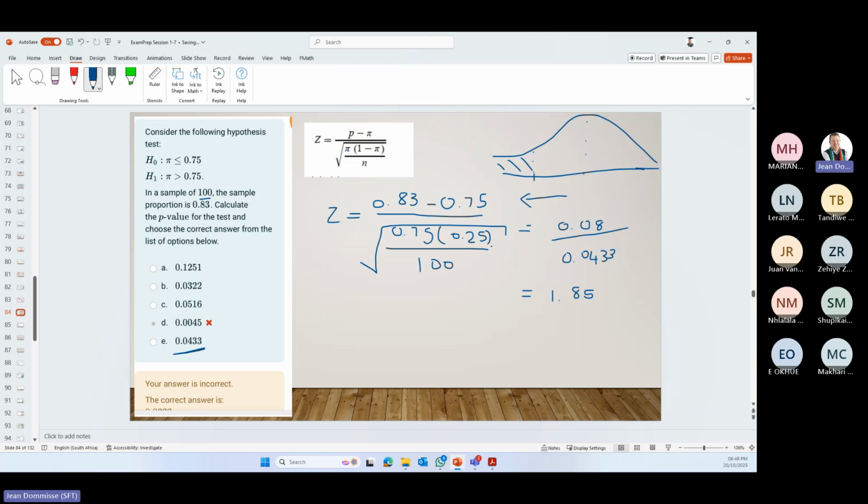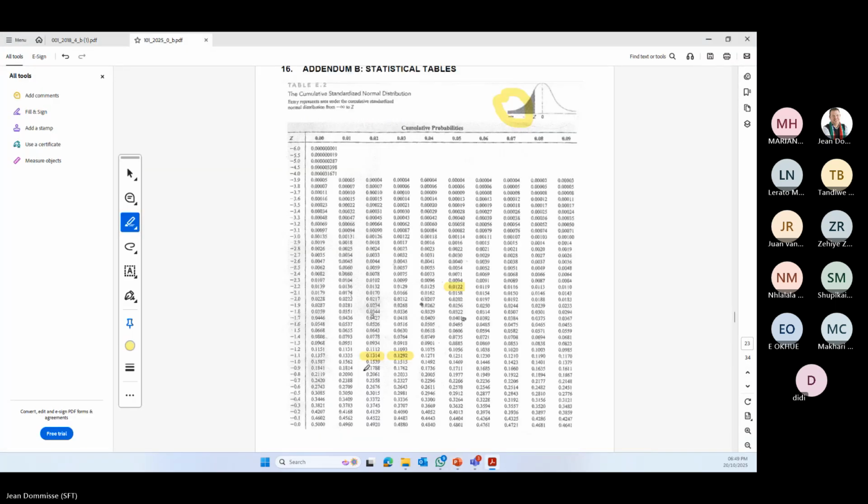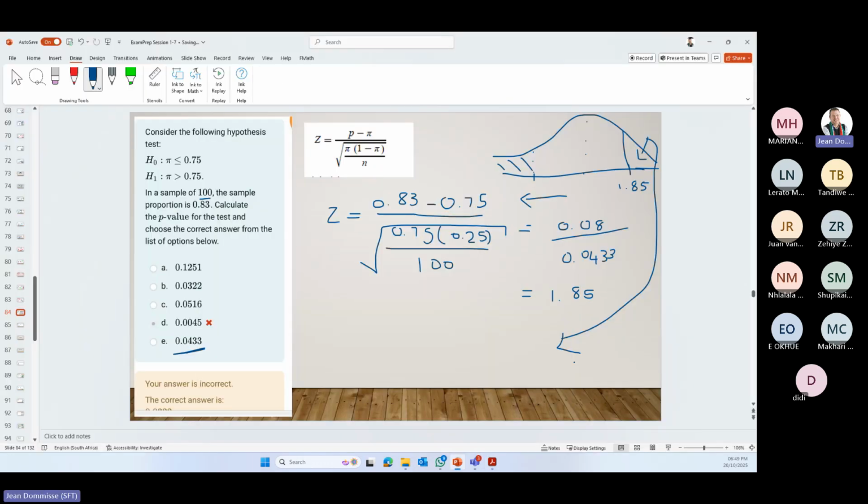So again, if we follow that principle, 1.85, let's see what is that value. One tail, 1.85. So 1.85, 1.8, 0.0322.